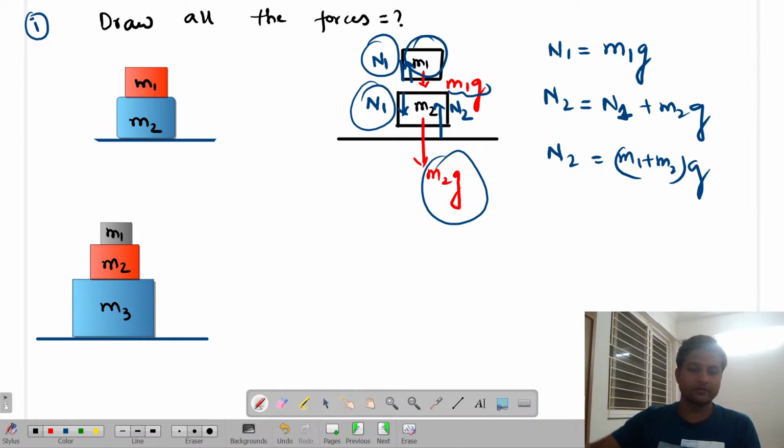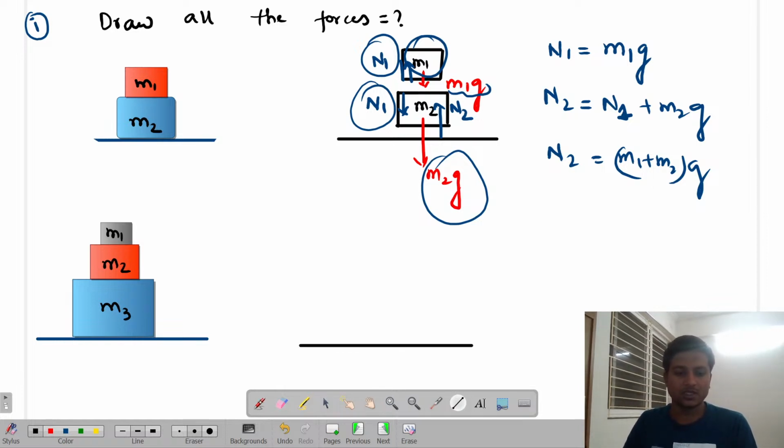Okay, now look over here. If I once again separate this whole system, I will be looking at one block, then the second block m3, then the second block m2, and then the third block m1.